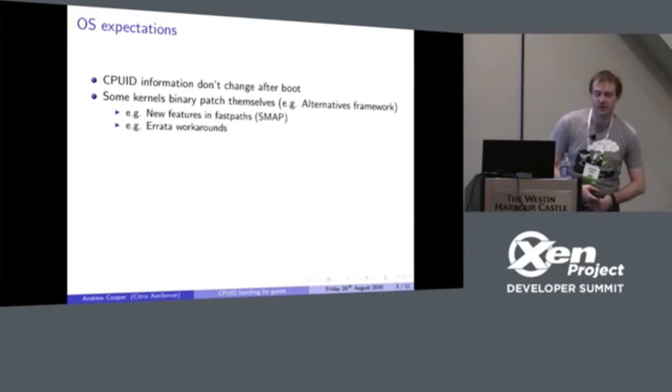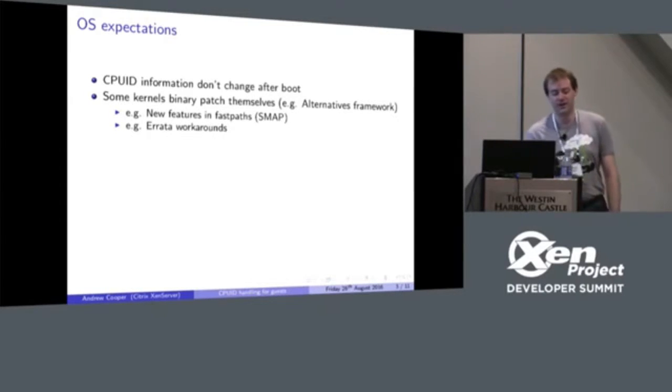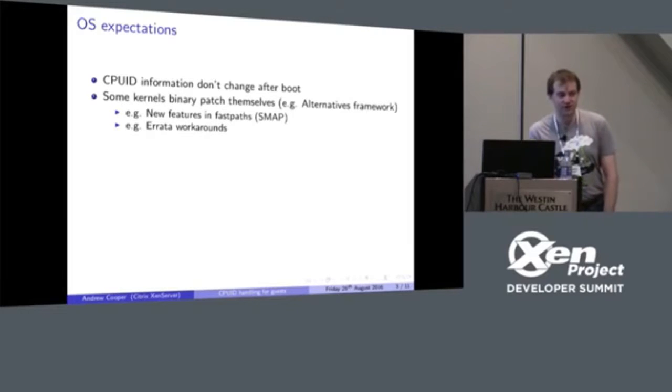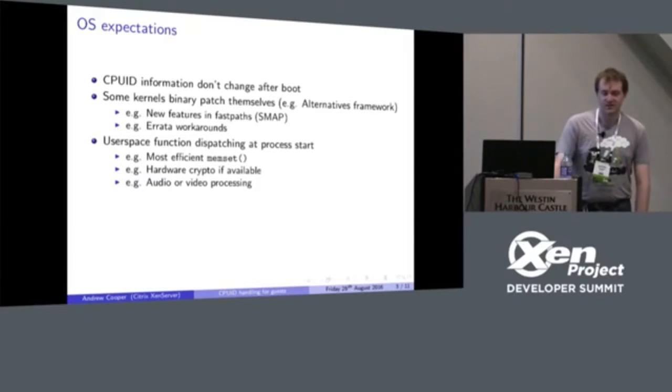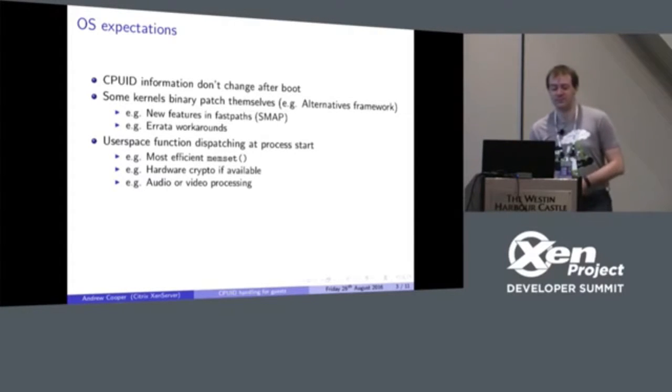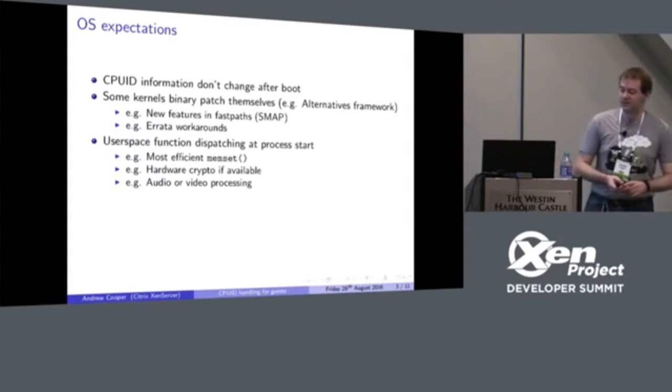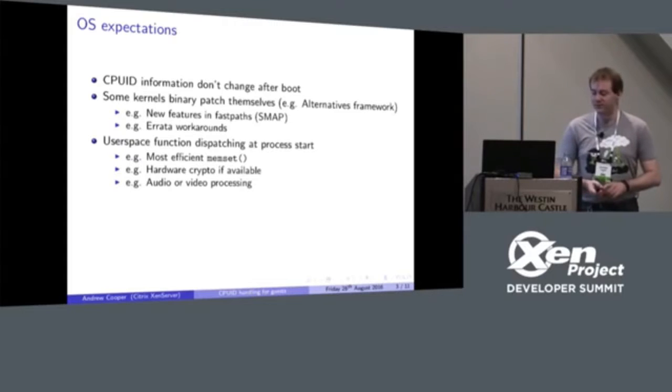Nowadays, kernels will binary patch themselves, so things like the STAC and CLAC instructions for SMAP, and various errata workarounds that may be too prohibitive to have in general. User space does exactly the same. glibc now goes to quite a few extents to try and make memset a couple of cycles faster.